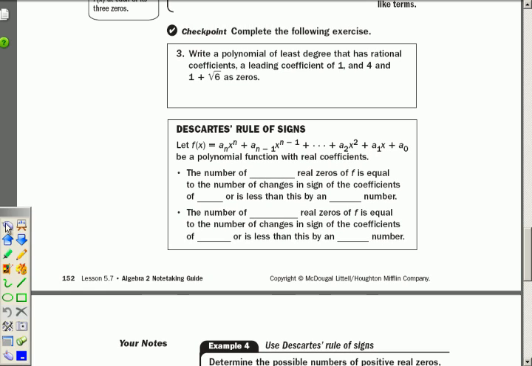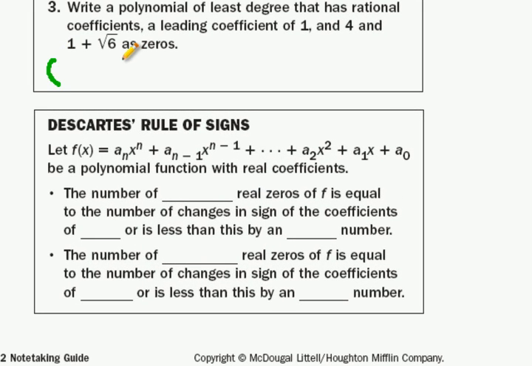All right, so how'd you do? Write a polynomial of least degree that has zeros 1, 4, and 1 plus the square root of 6. Well, hopefully you started out with x minus 1, x minus 4, and x minus 1 plus the square root of 6.